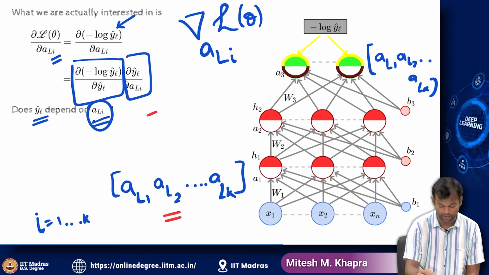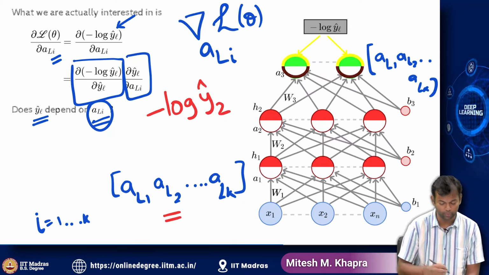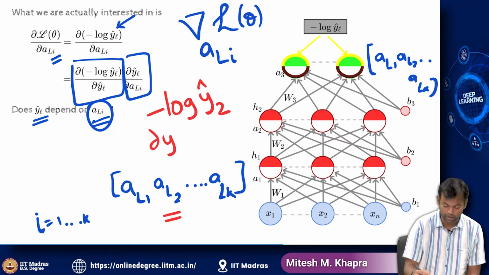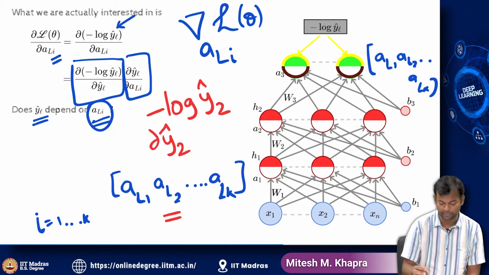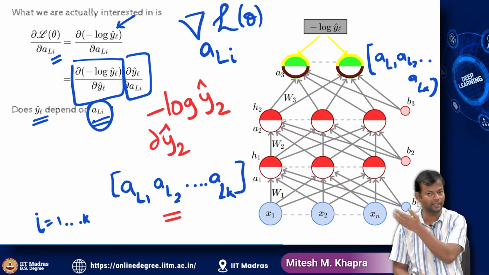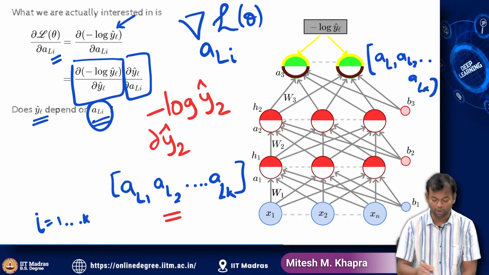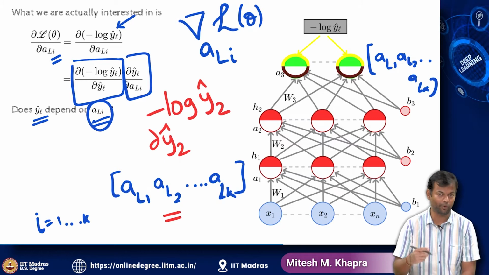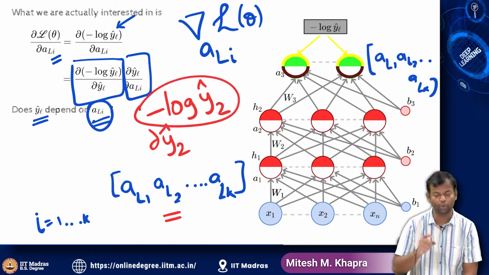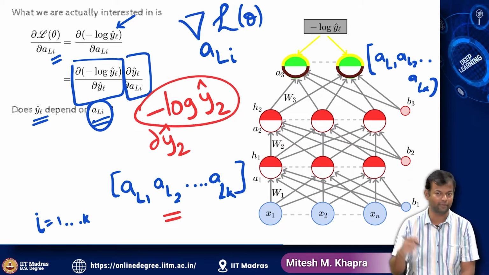That means my loss function is minus log y hat 2, okay. And I am trying to compute the derivative of y hat 2 with respect to some ith element. It could be aL1, aL2, aL3, anything, right. So now I'm asking, does y hat 2 depend on all these a's, or does it only depend on one of them? Because earlier we saw that the loss function depended on only one of the y hats and not the entire vector. For all the other elements, the derivative was 0.